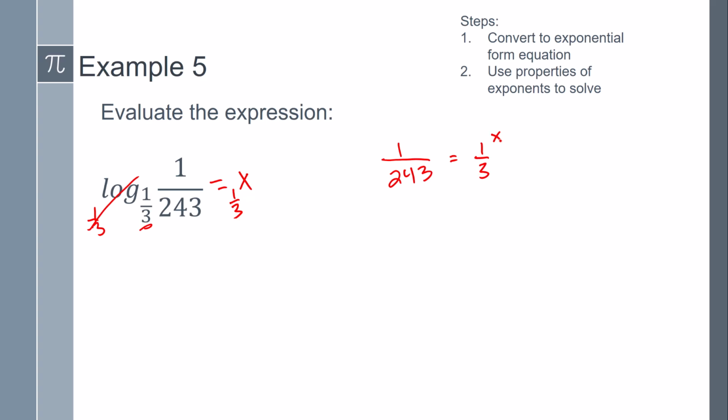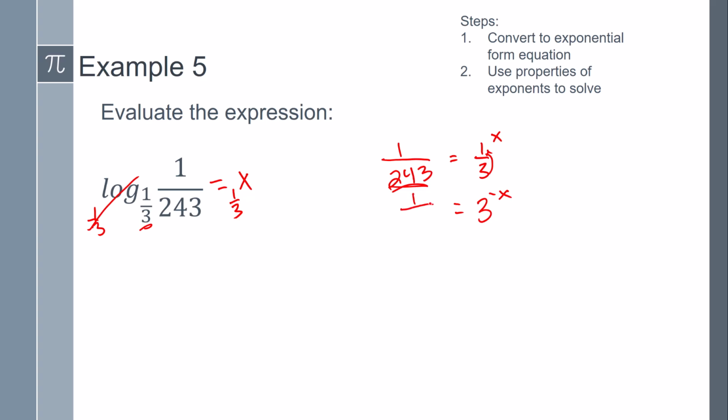So now I have to think, how can I manipulate this to where it's either 1/3 to some exponent, or I can move the 3 to the top, so that becomes a negative exponent. That means, how can I rewrite 243 in terms of 3?